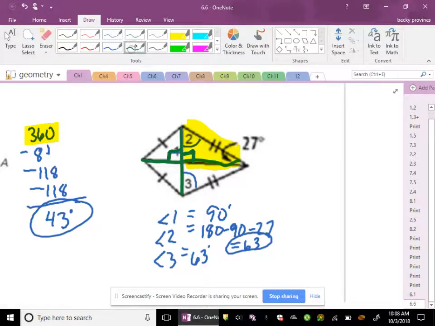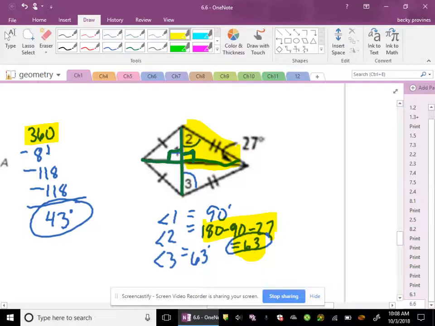How do I find angle 2? Well, this yellow triangle is 180 degrees because triangles are always 180. I showed my work down here. I took the 180, I subtracted away that right angle and the 27 degrees, and I'm left with 63 degrees.